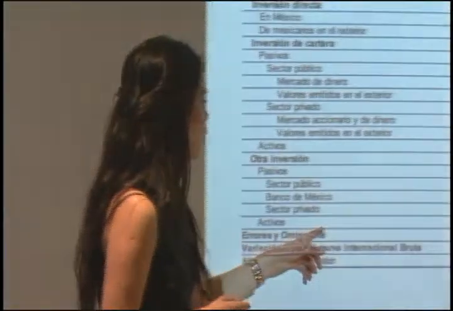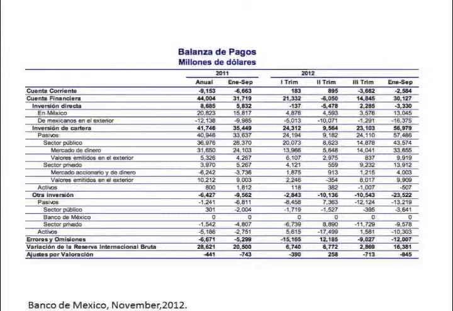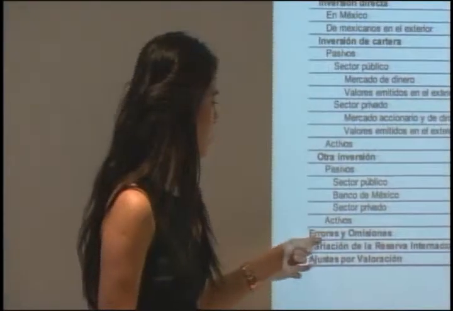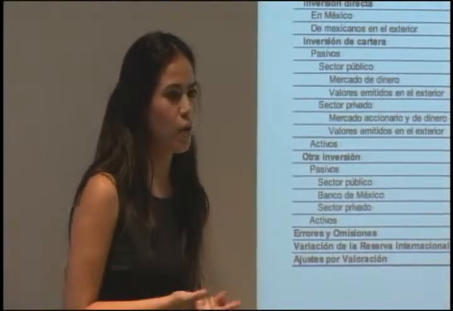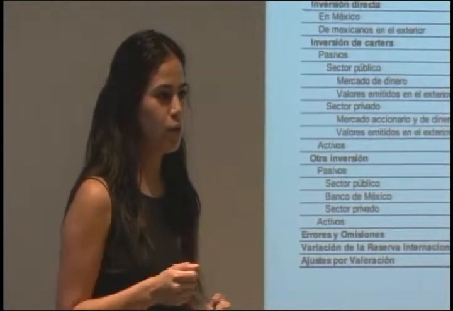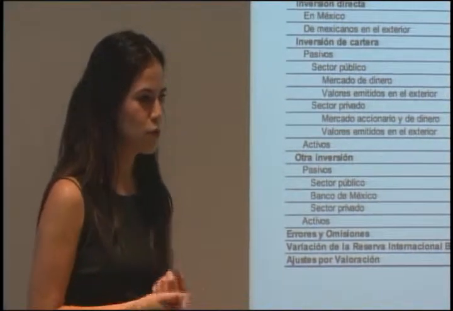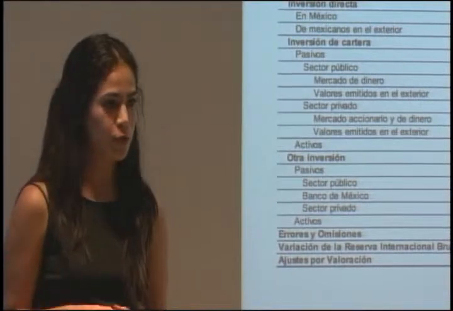And as for errors and omissions, this account shows, how is it called, the informal transactions that come into our country. By this I mean all the drug traffic. So here we have 9 billion. And this is also bad because for everything we do, we need to pay the ISR, Impuesto sobre la Renta, of 30%.